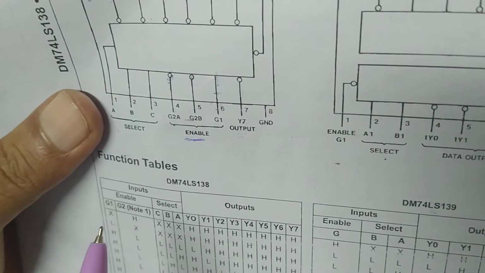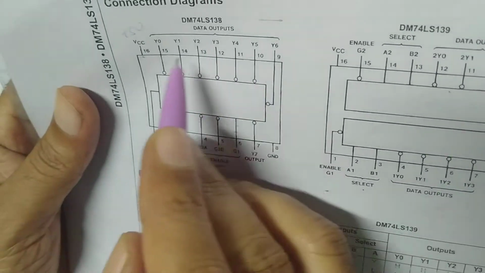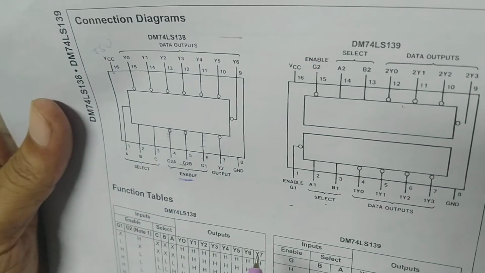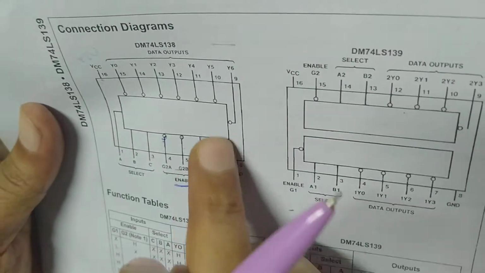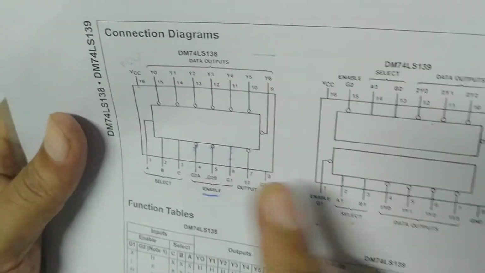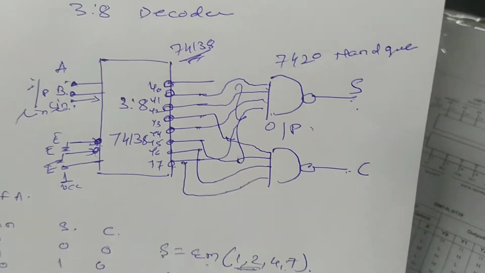Here we have to take the output. So this is about the pin diagram and pin connection of this IC 74138. According to this diagram, we have to follow this pin connection and make the connection like this on the breadboard.